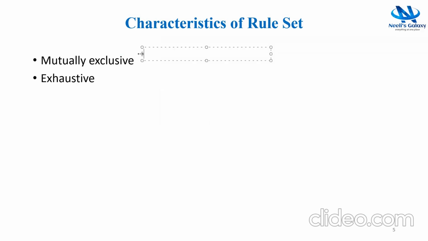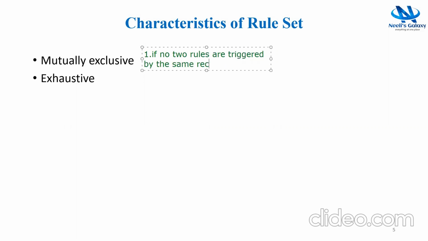There are two conditions to say that a rule set is mutually exclusive. The first condition is that no two rules are triggered by the same record. If no two rules are triggered by the same record, then we can say that the rule set is mutually exclusive.